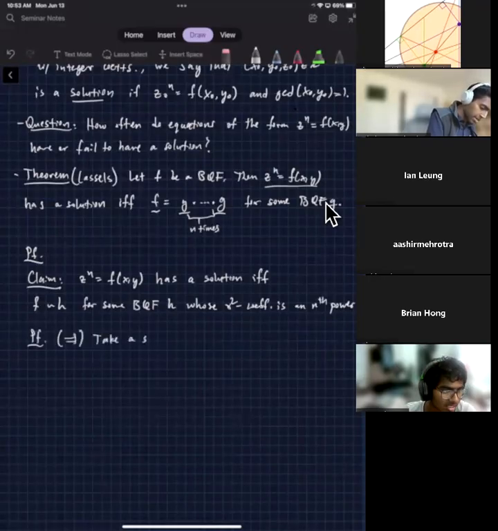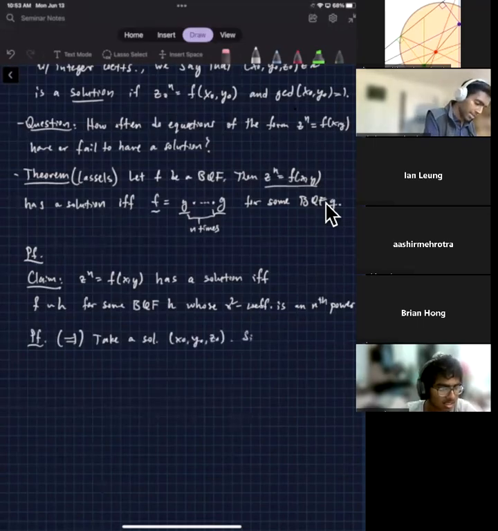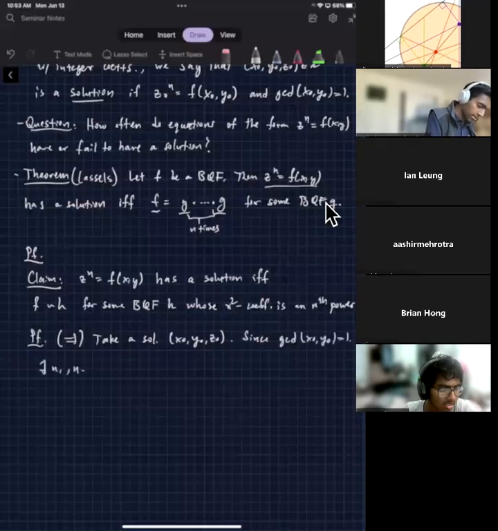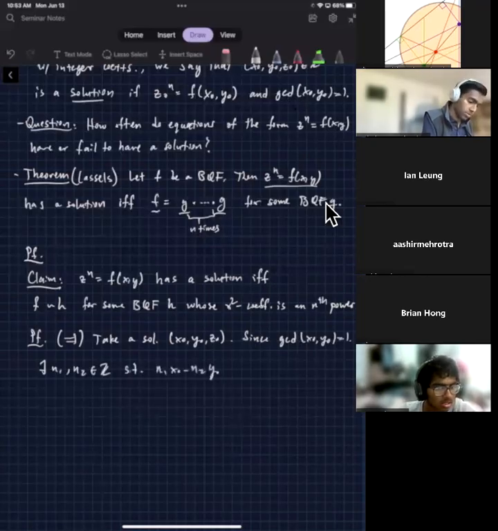So take a solution, x naught, y naught, z naught to our equation. And since the GCD of x naught, y naught equals 1, there exist integers n1 and n2 such that n1 x naught minus n2 y naught equals 1.